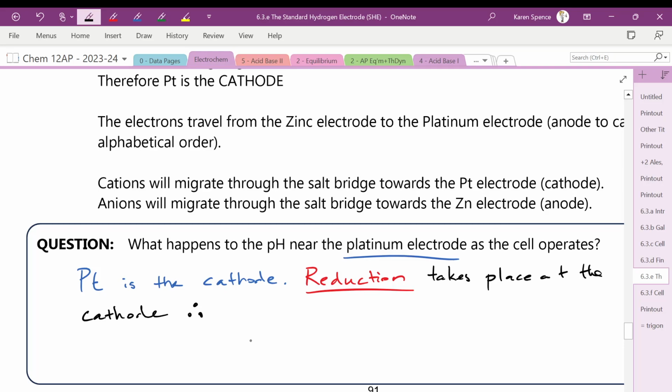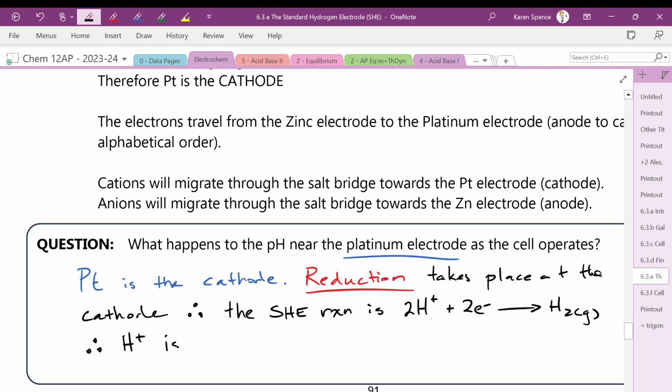Therefore, the half reaction is 2H+ + 2e- goes to H2. Therefore, H+ is being used up. Therefore, the concentration of H+ decreases. Therefore, the pH increases at the platinum electrode. Is that good? Okay.